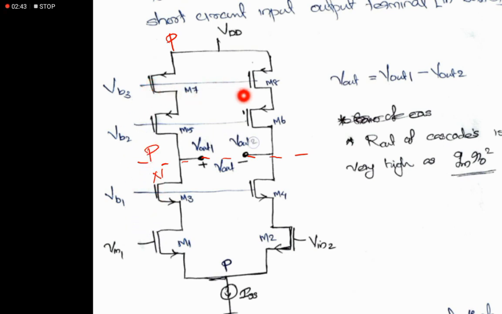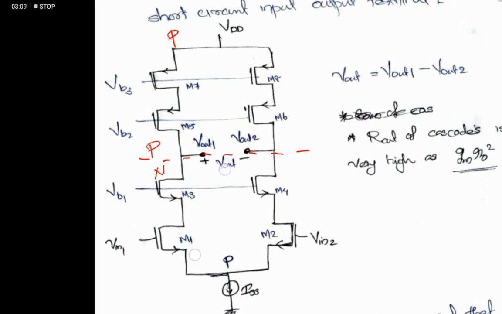For this differential amplifier and the extra cascoded devices, all are in saturation mode by external bias, here VB1, VB2 and VB3. We are not discussing the values of VB1, VB2 and VB3. We are just evaluating the effective transconductance and the output impedance of the structure.